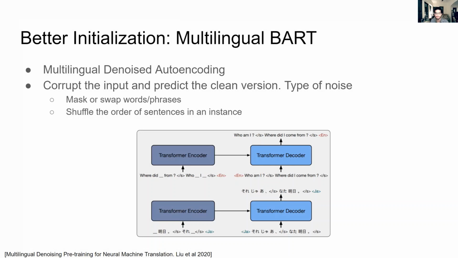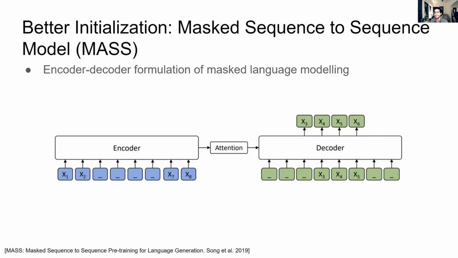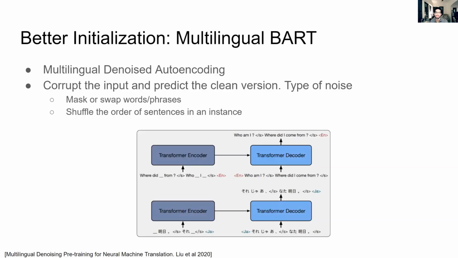Masking is one way of adding noise to your input. What this paper does, instead of just masking, is also do other things like swapping words and phrases, or if you have a document, shuffling the order of the sentences in the entire document, which they have shown for the monolingual setting works pretty well and has shown improvements on a lot of monolingual tasks.